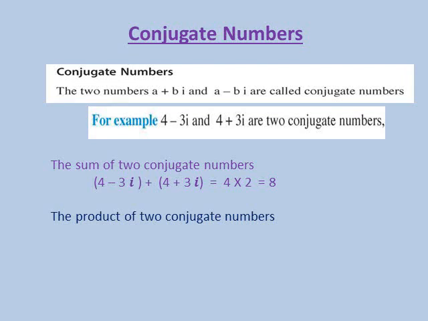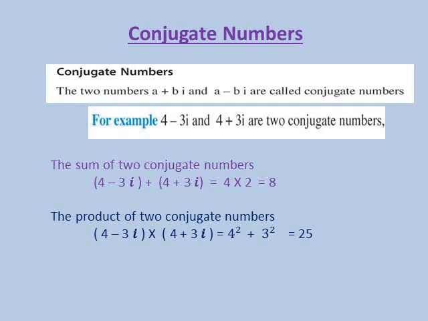What about the product of two conjugate numbers? I will multiply 4 - 3i by 4 + 3i. In the product of two conjugate numbers, the answer will be the square of the real part plus the square of the imaginary part.